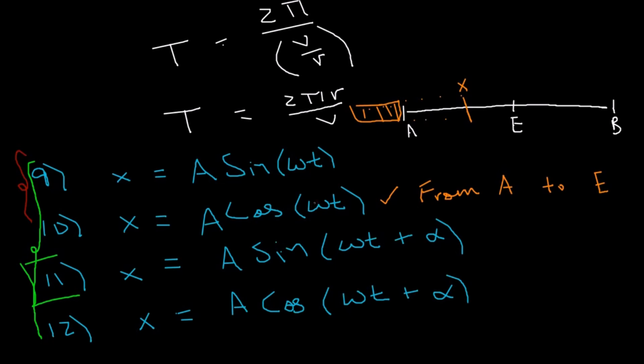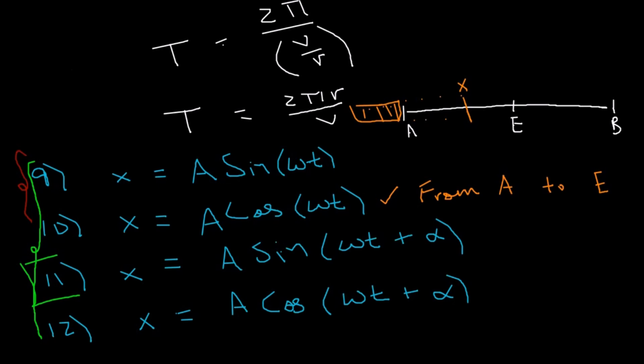Omega is a constant, so you'd be given that in the question. A, being the amplitude, is also a constant. You'd be given that in the question. And then you may be given X or you may be given time, and you can figure out the other one if you know one of them. So if the object or the spring is going from the extreme position, the amplitude A, towards E, and it's at point X, you use X is equal to A cos omega t.